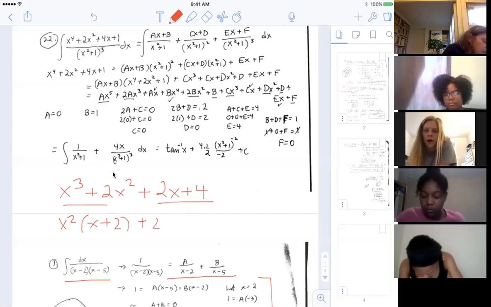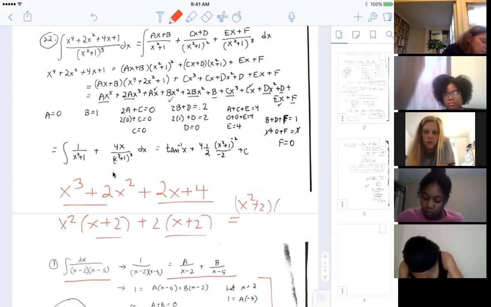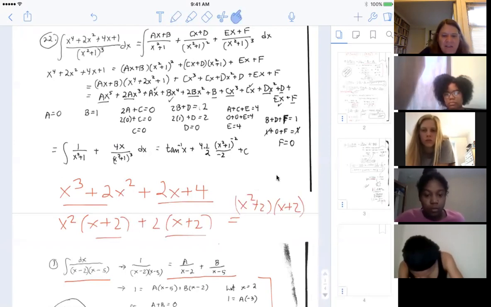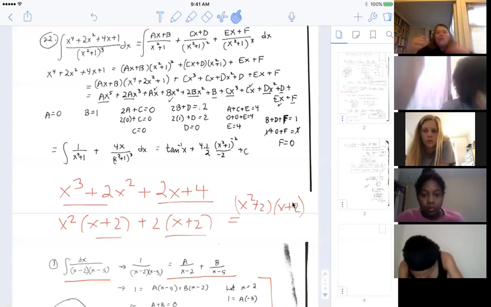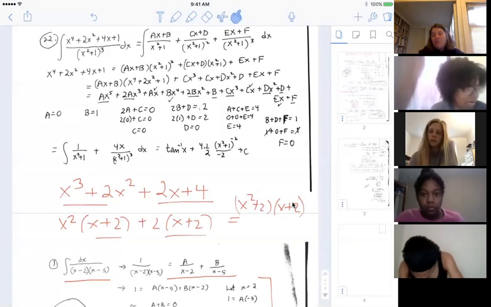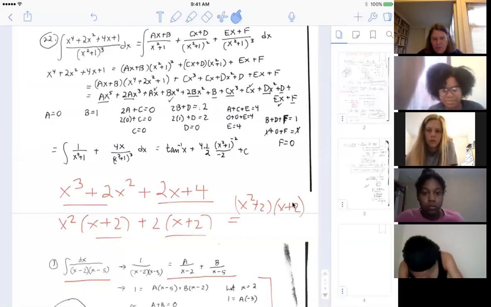If you took a 2 out here, you'd have an x plus 2. Then you've got common factors of x plus 2, so you'd get x squared plus 2 times x plus 2. What we would see is that we had one irreducible quadratic and one linear factor, and then you could start from there. Maybe there might have been 1 or 2 of those in the homework, okay? So I thought that might be what you were talking about.